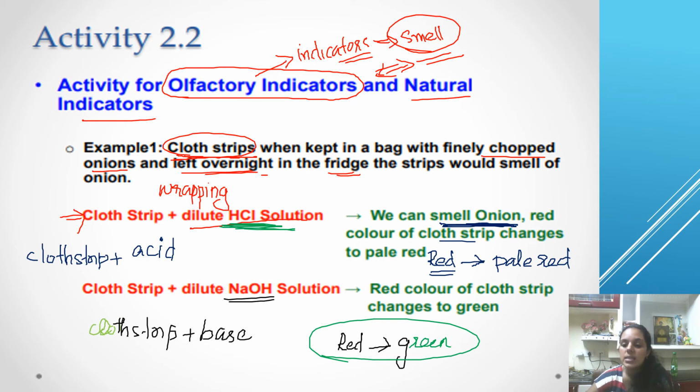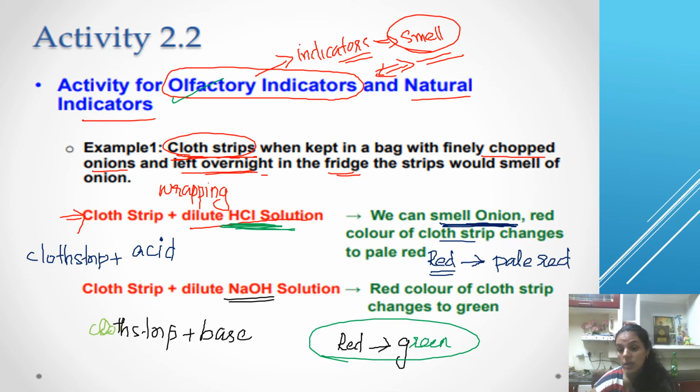So that is activity 2.2, which means by using these olfactory indicators, we can identify whether a substance is an acid or a base. Here onion is taken as the olfactory indicator.